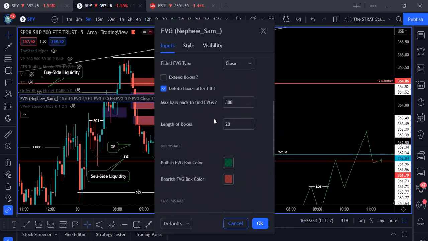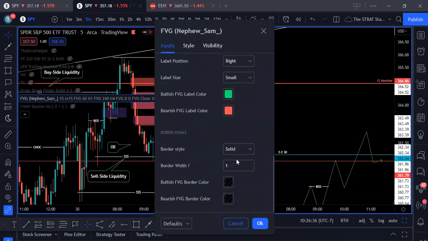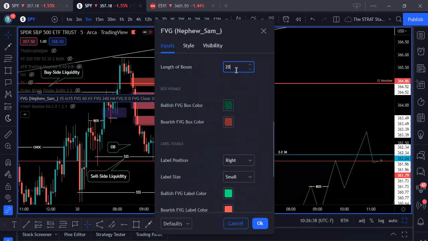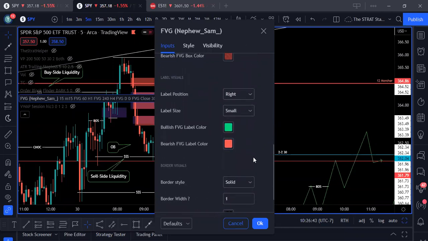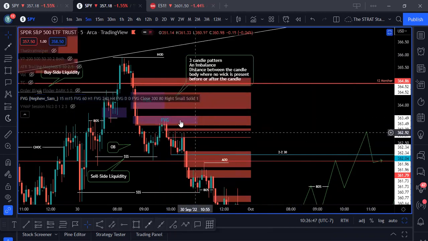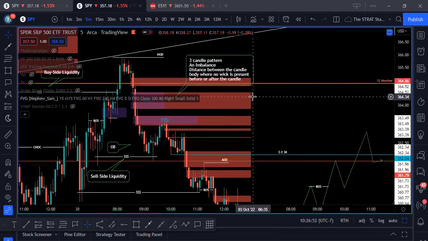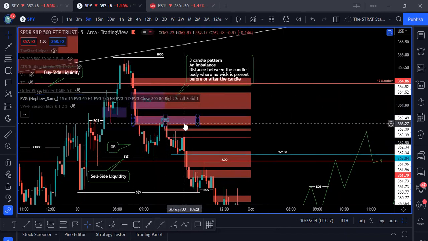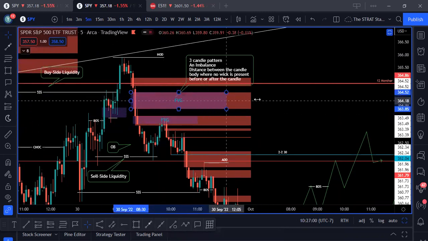I have my line boxes set to, I think, standard, but you can adjust them. So you can set them to, if you want, 80, and it'll make them longer. It'll pretty much make them stretch across the screen further out, which is cool if you want to mark them. A lot of times I'll just have it on, and then I'll turn it on and off, and I'll just draw the gap, and then I can extend the gap across like that.